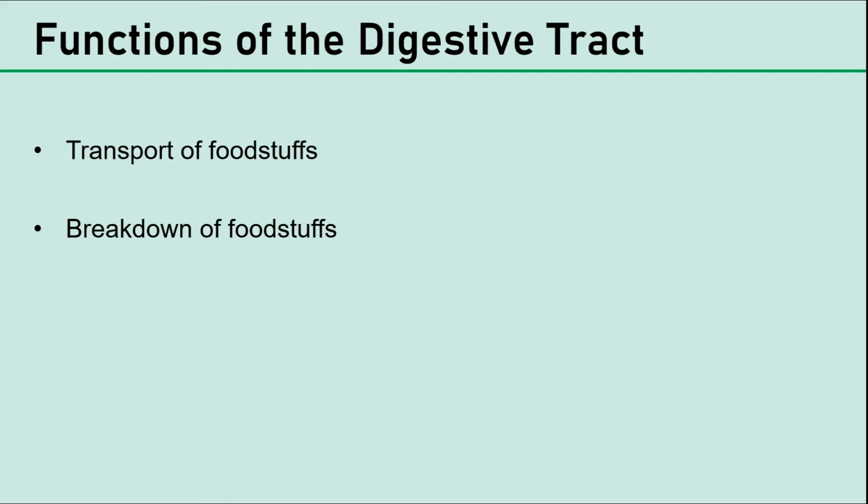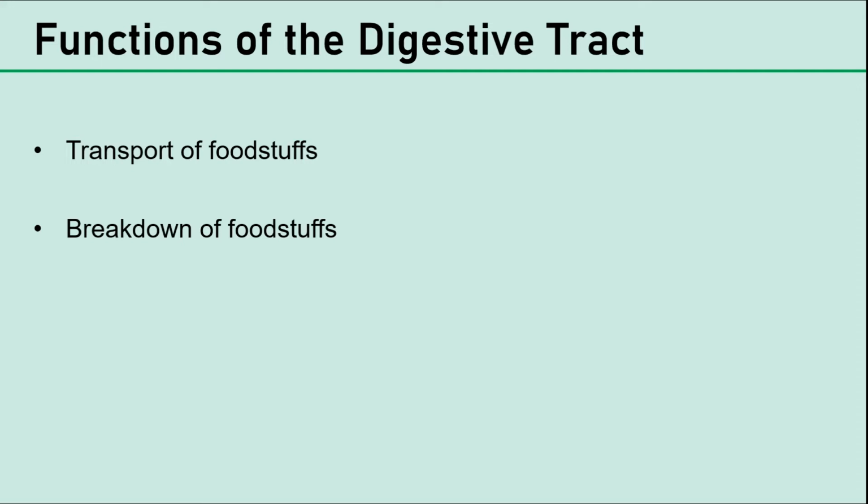Some of these are mechanical digestion, which is simply the breaking down of food. And some of this is in the form of chemical digestion. So this refers to things like the act of enzymes degrading the foodstuff into molecular-sized chunks.